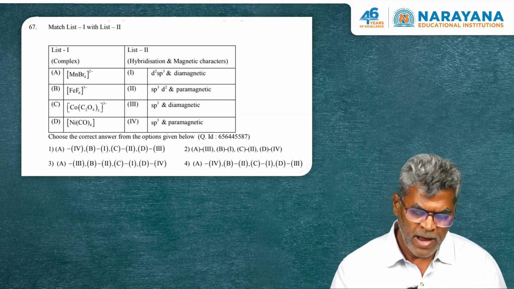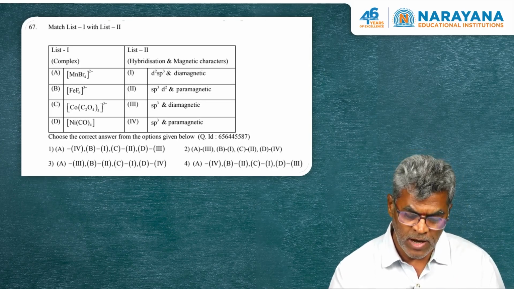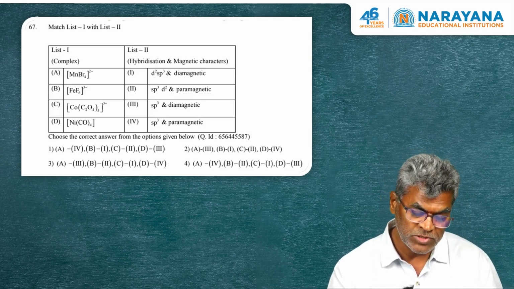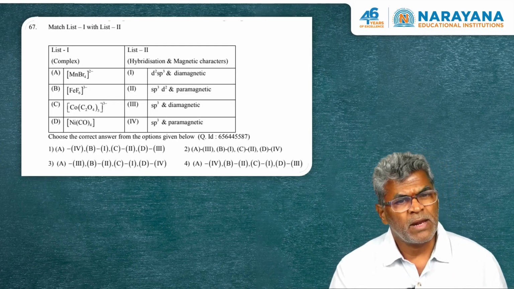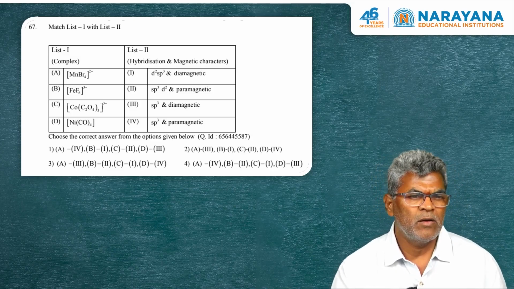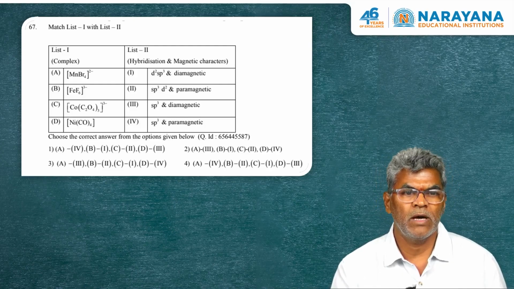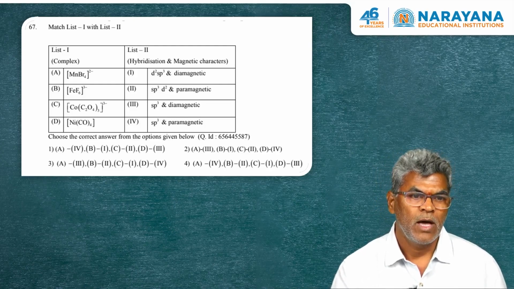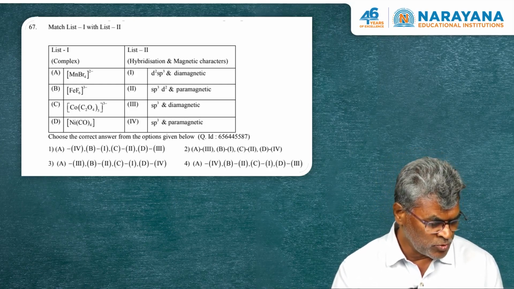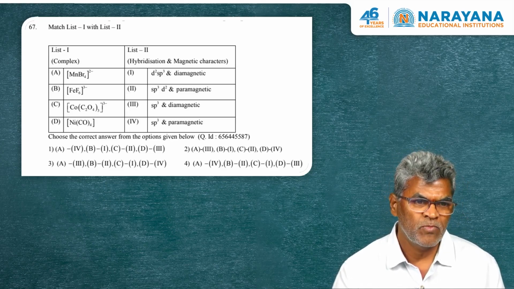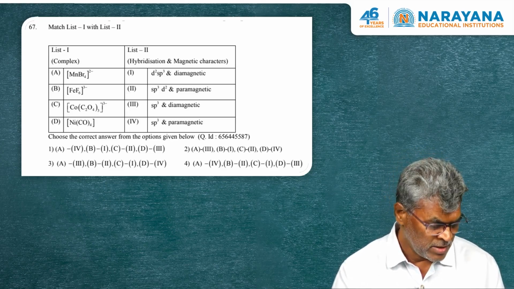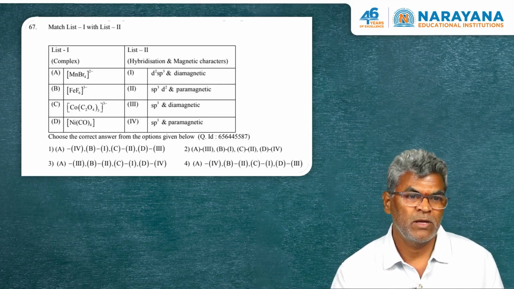This is a hybridization concept, you need to check inner shell complexes and outer shell complexes. In the Mn Br complex, Br minus is a weak field ligand, so it should be an outer shell complex. Outer shell complex means sp3 hybridization, so paramagnetic in nature.